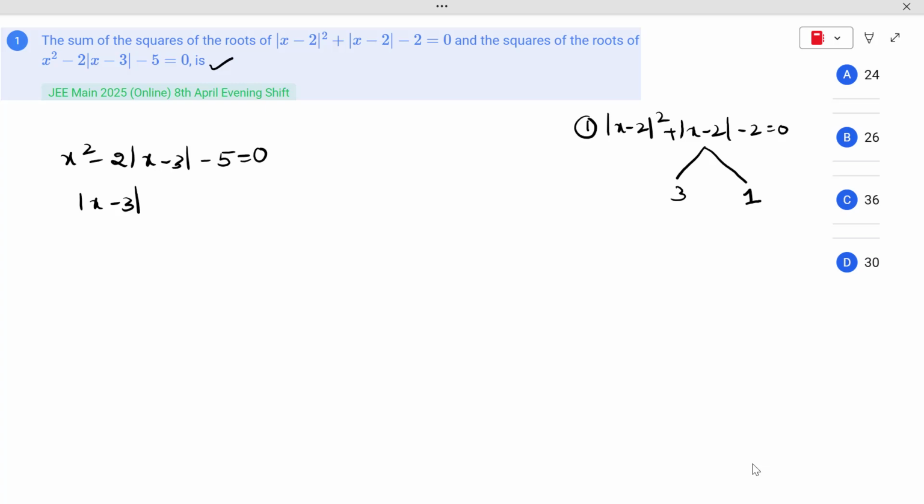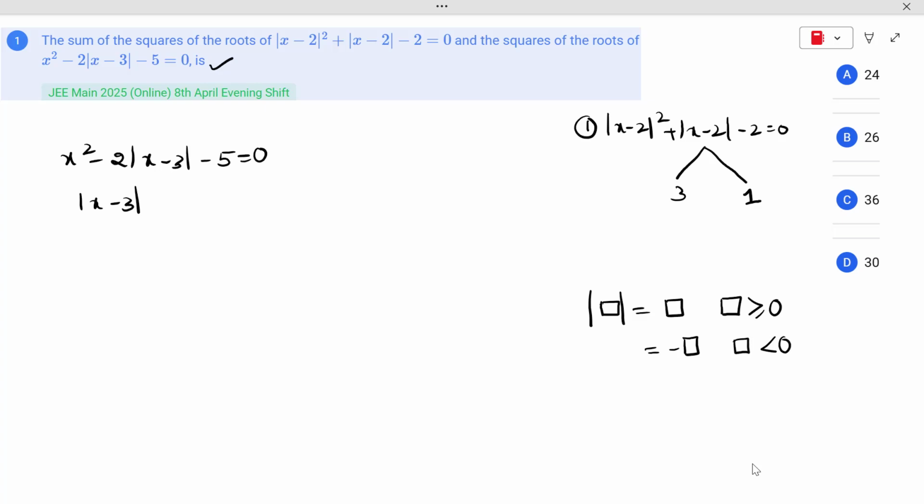So let us understand a little more about the modulus function. What is a modulus function? The modulus of □ is +□ when the quantity inside is positive, that is greater than or equal to 0. It is -□ when the quantity inside is less than 0, that is negative.